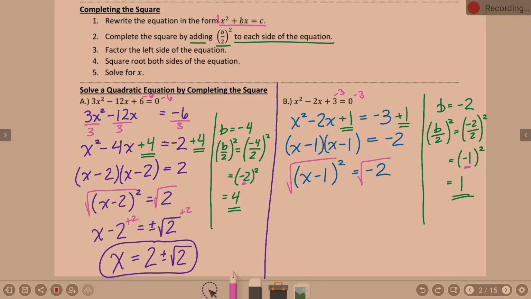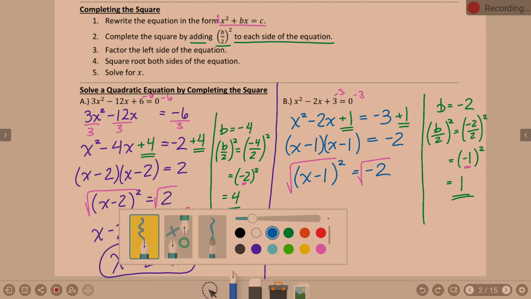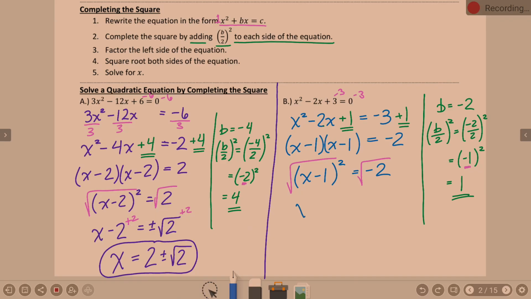But square root of x minus 1 squared is x minus 1. A square root and a square, inverse operations. They cancel each other. On the right, square root of negative 2. I got the plus or minus.